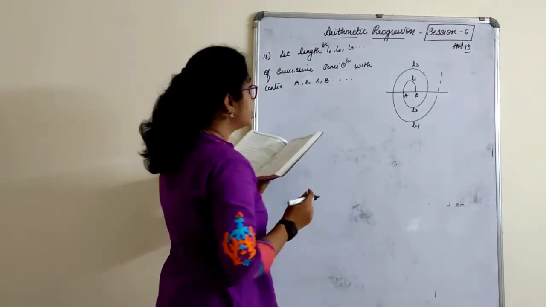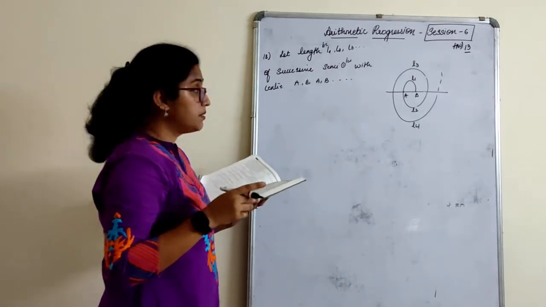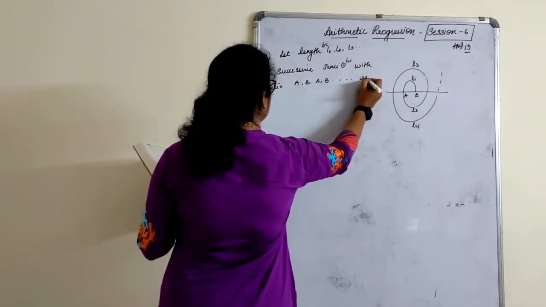That's what consecutive alternate means. Once the center is A, another time the center is B.